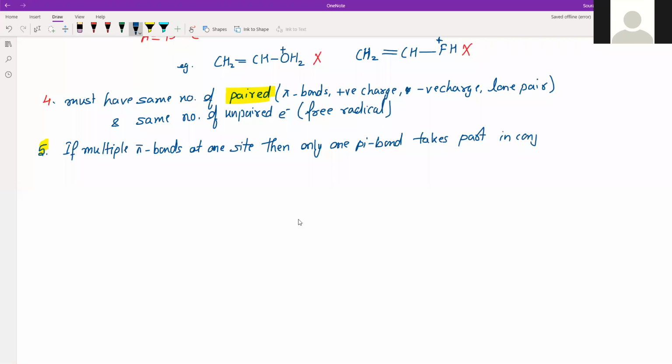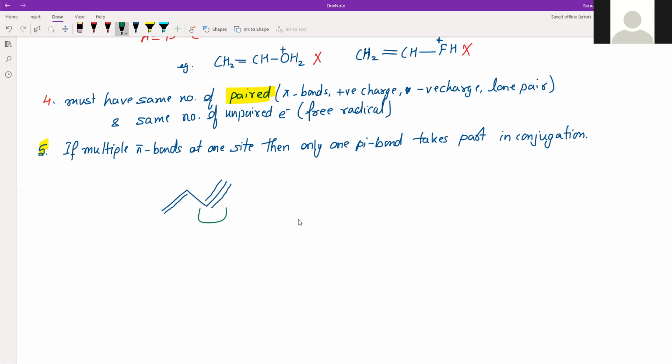Conjugation is this alternate arrangement of double bonds, or you can say delocalization. So what does it mean? Suppose you have like this. There are two pi bonds there, but only one pi bond takes part in the conjugation.